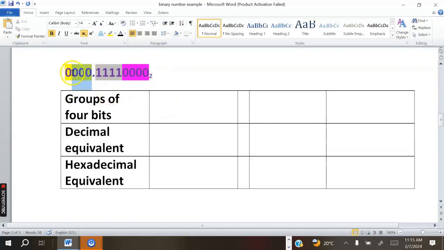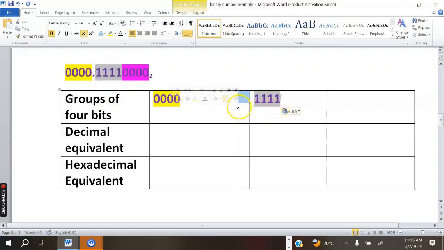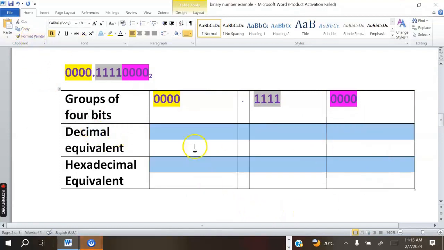Okay, having done that, the next step is to write down the numbers. Then here we have the point. Then these ones.